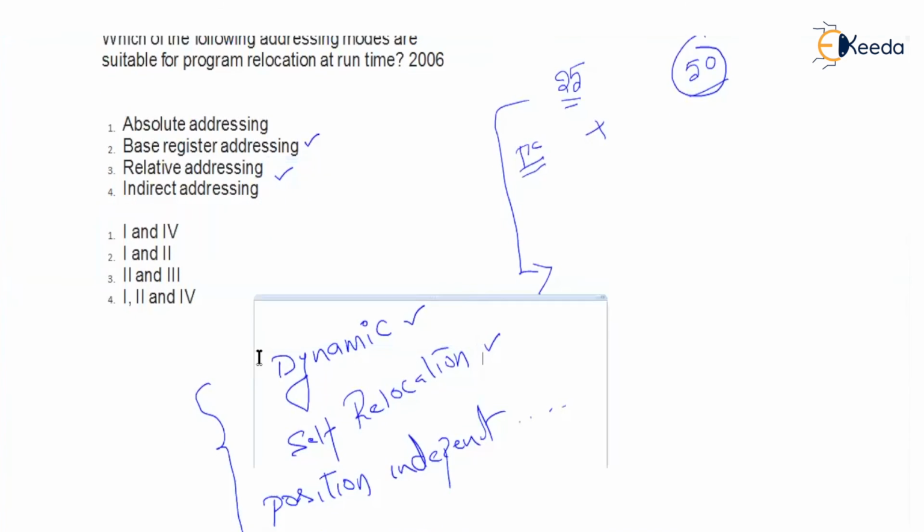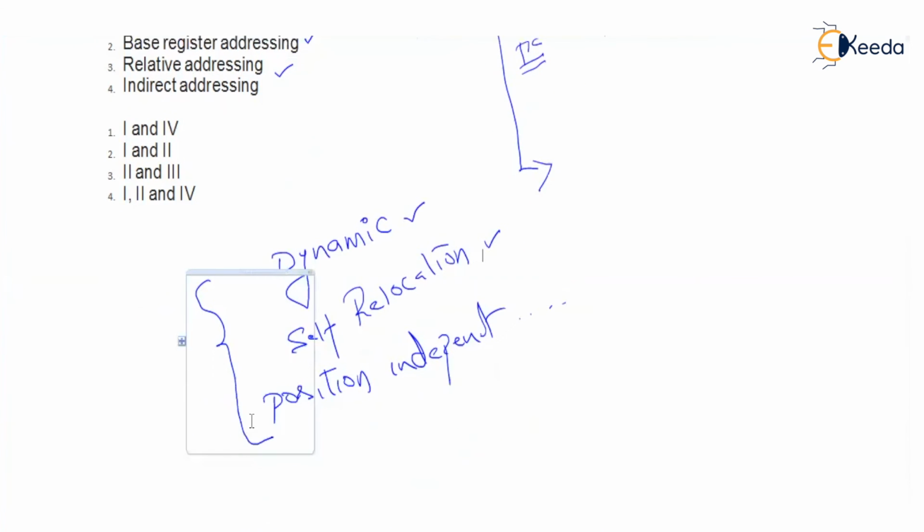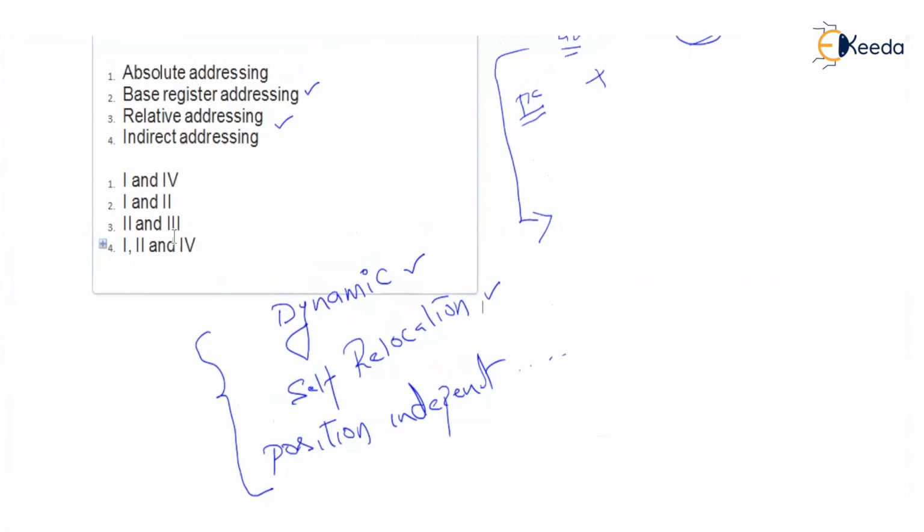Okay, so whether it is called dynamic relocation of the program, self relocation of the program or position independent code, all will lead to the same thing. That is, a program is getting loaded into the main memory dynamically when it is getting executed. So there are two addressing modes that support that. One is base register addressing mode and one more is relative addressing mode.